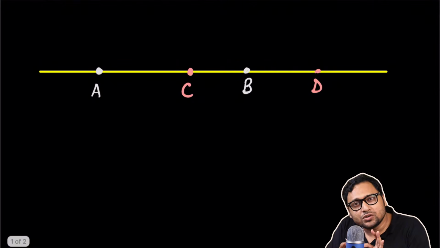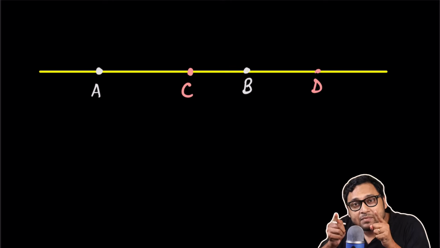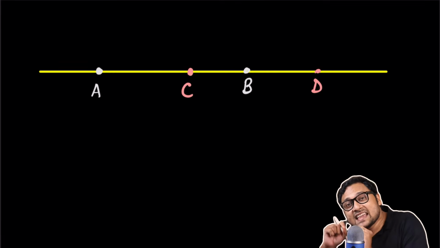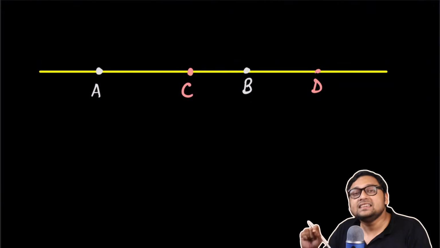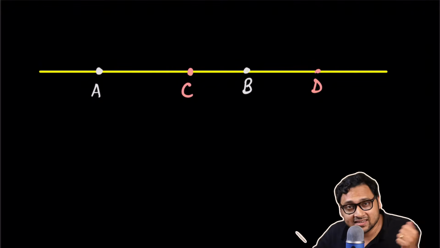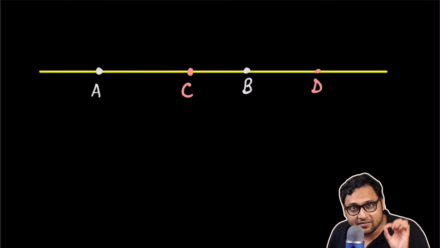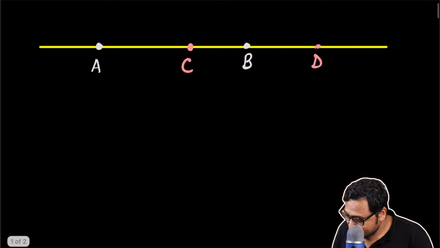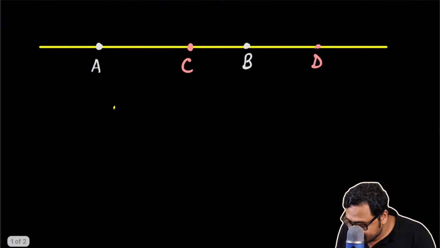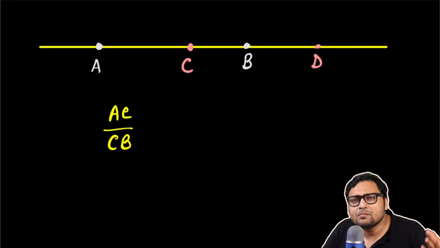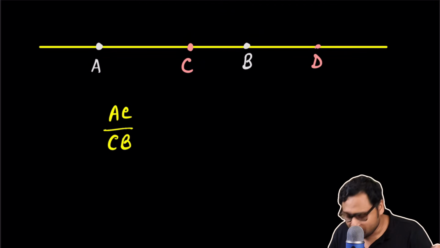Whatever ratio C divides AB internally, in that same ratio, D should divide AB externally. I'll write down what this precisely means. AC over CB, that will be some number, some ratio, right?